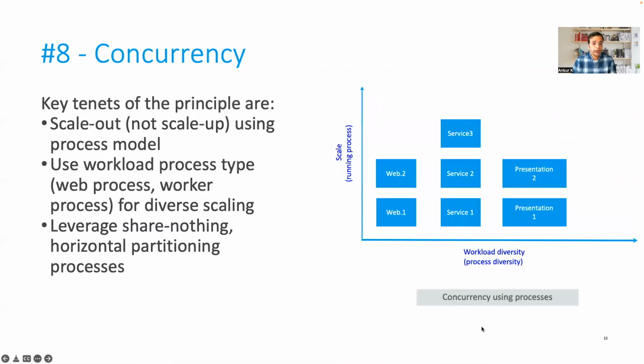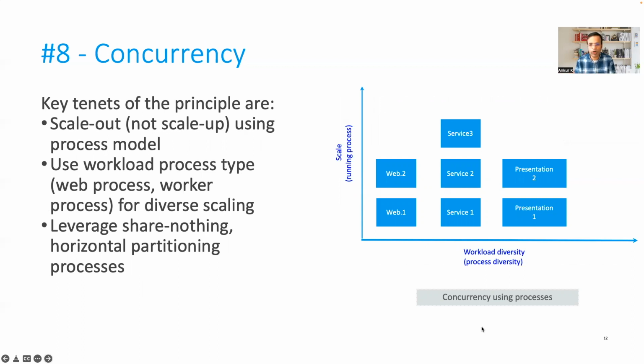The next principle is about concurrency, and concurrency is to ensure that you have not the scale up architecture where you are adding more resources to the same pod, that is adding memory or adding more CPU. It's about the scale out, and I've represented it in this XY axis, where you are, suppose, scaling out in different workloads.